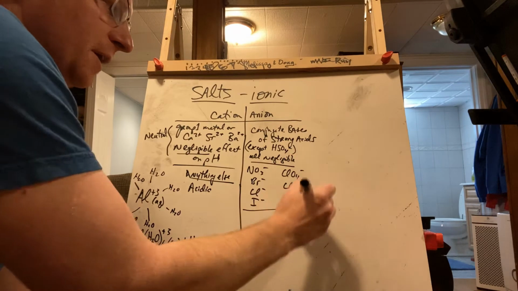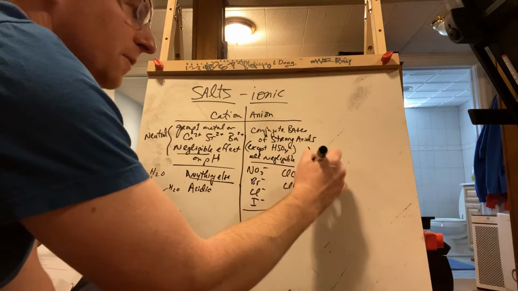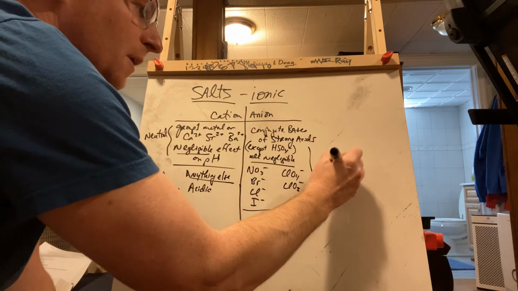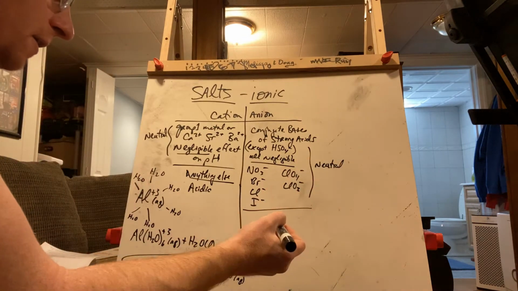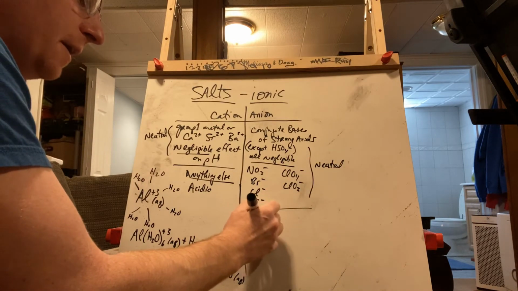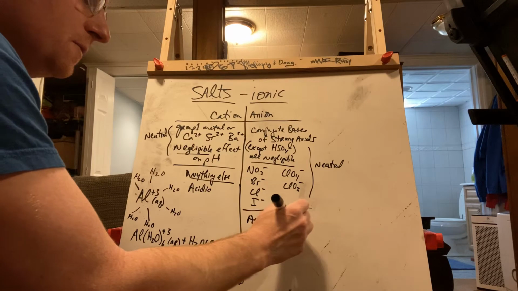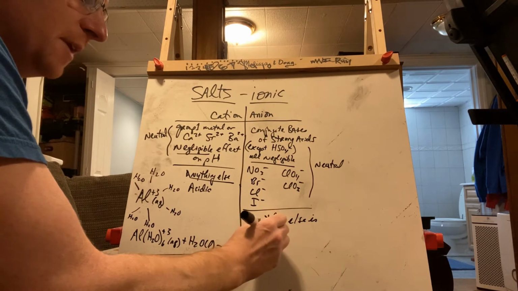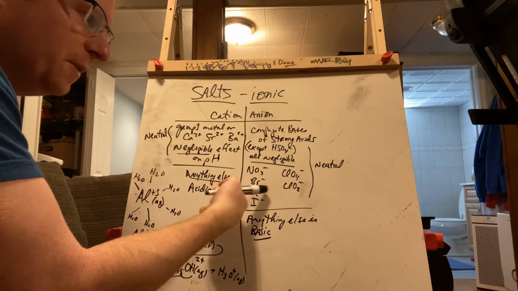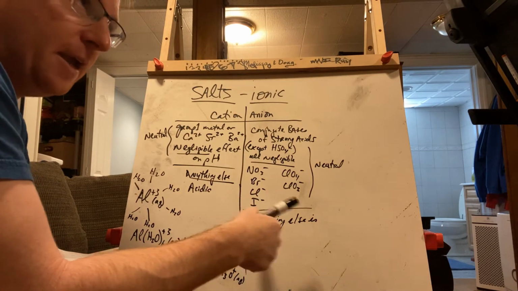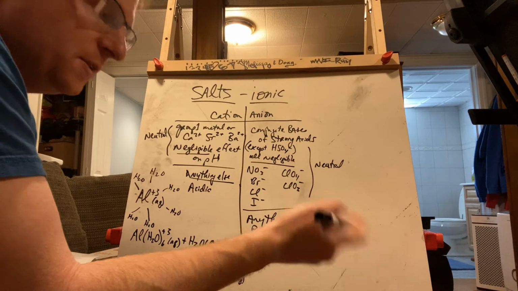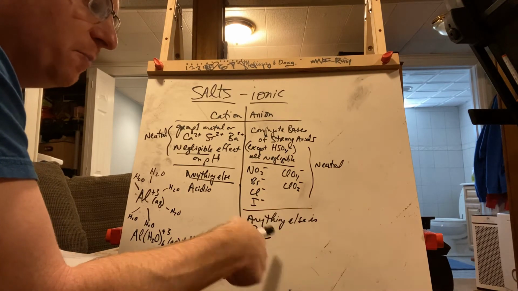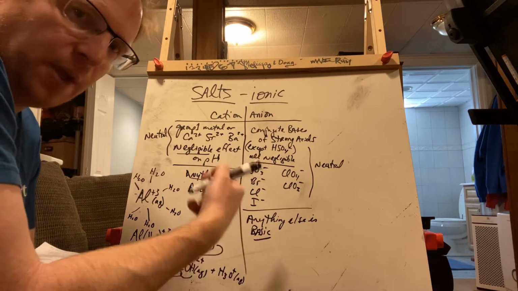These are all neutral. And then anything else is basic, which you may have seen on the review sheet. It may make sense now that if it's not one of these ions and it's in something like NaF, for instance, that's actually a basic salt, and you can actually figure out the pH pretty easily.